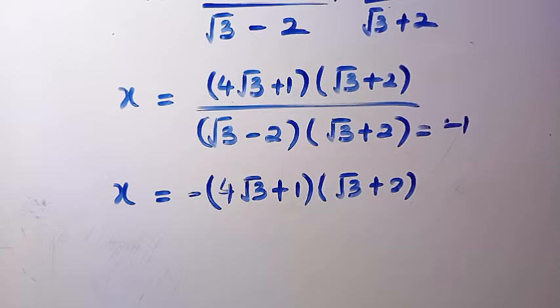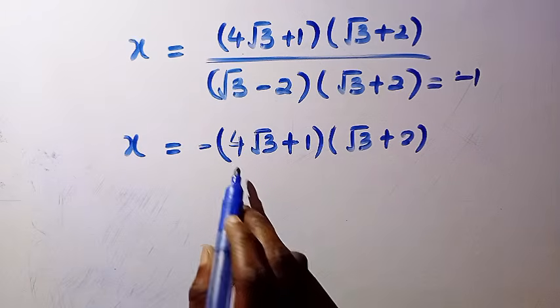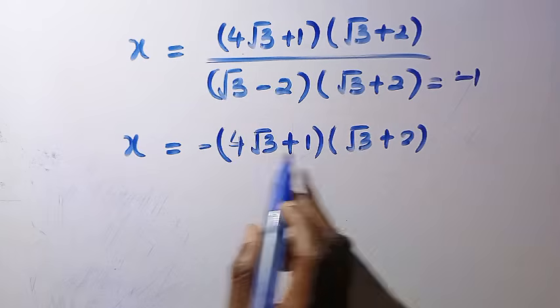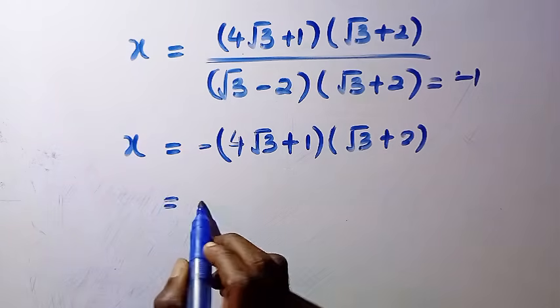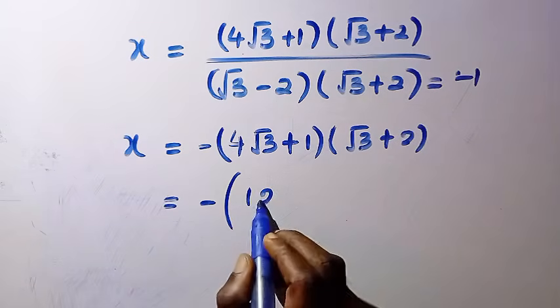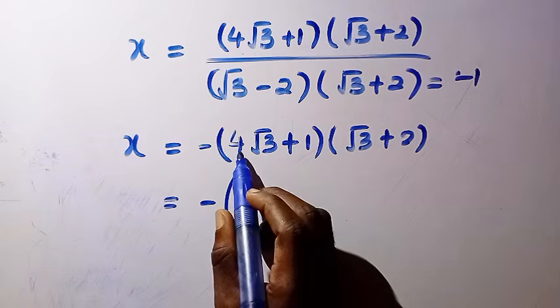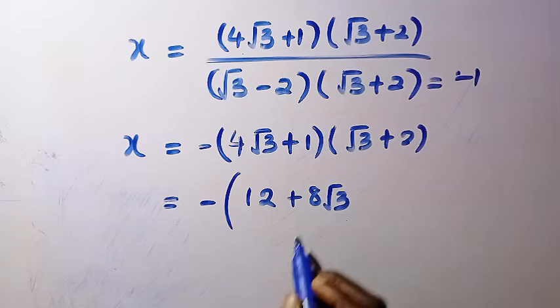Then after getting this, we come back to simplify 4 root 3 plus 1 and root 3 plus 2. So here we have minus bracket 4 root 3 multiplied by root 3, this gives us 12. And 4 root 3 multiplied by 2 gives us 8 root 3.